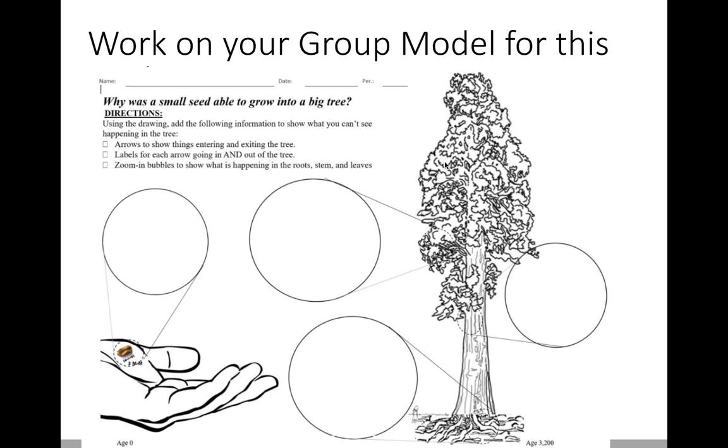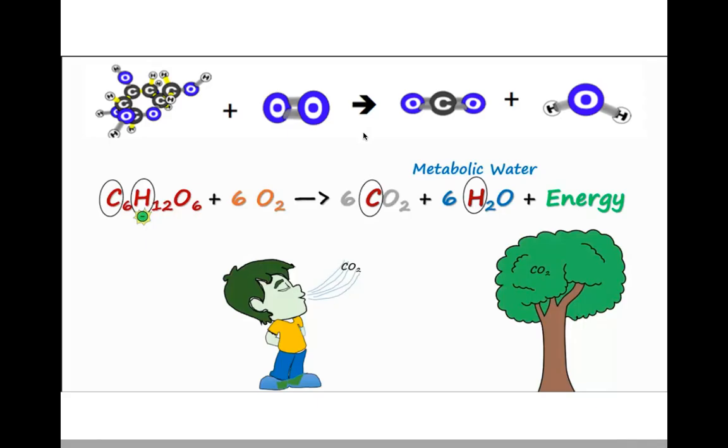We'll review that in just a second in the leaves. It also gets water from the roots, and the trunk helps to transport nutrients and water and all kinds of stuff back and forth from the plant. So I'm not going to make you do this model because we're not in school physically. But I do want you to think about that this week as you're learning about the carbon cycle.